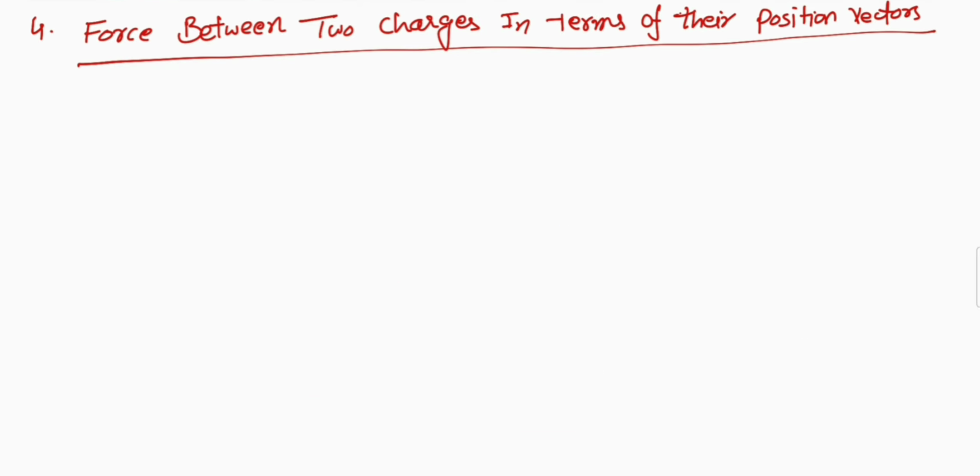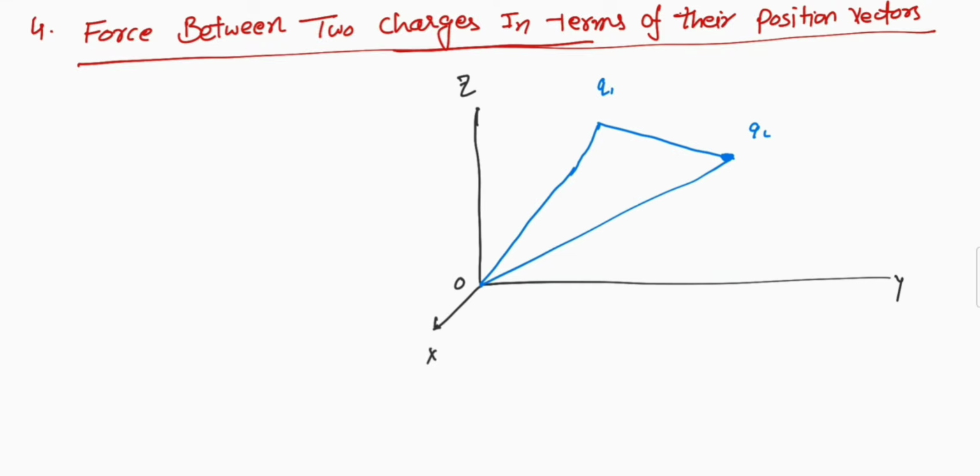The last topic for this video is the force between the two charges in terms of their position vectors. Now we are placing these two charges in a coordinate frame. So now we have placed our two like charges Q1 and Q2 in a coordinate frame OXYZ.